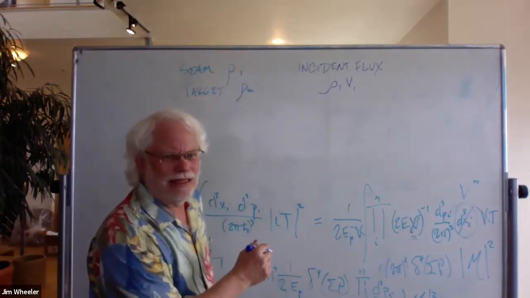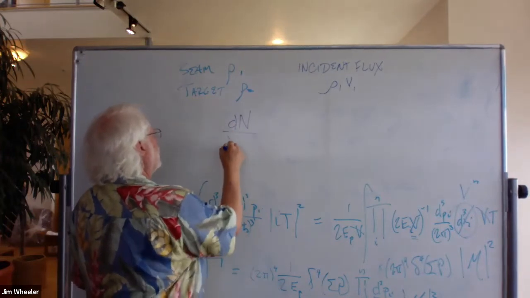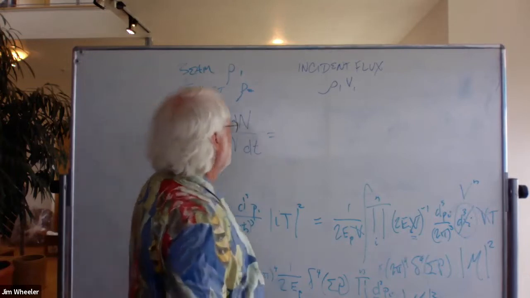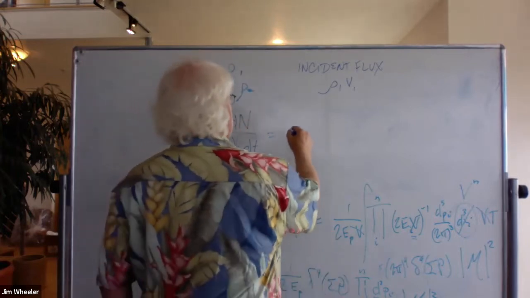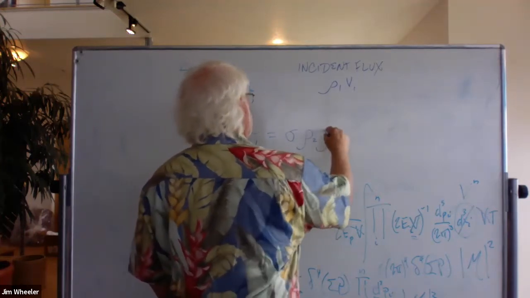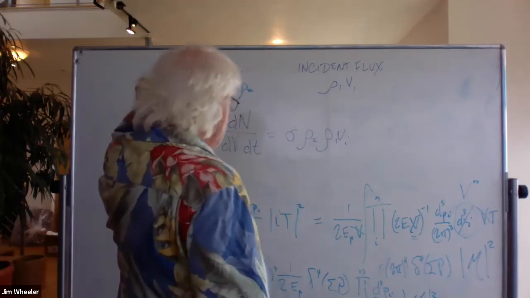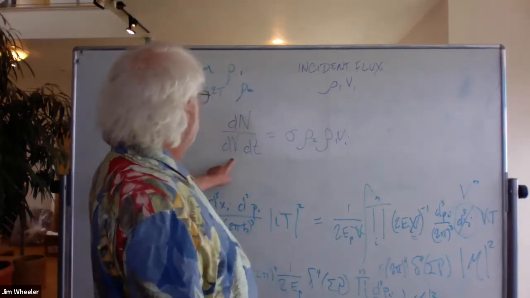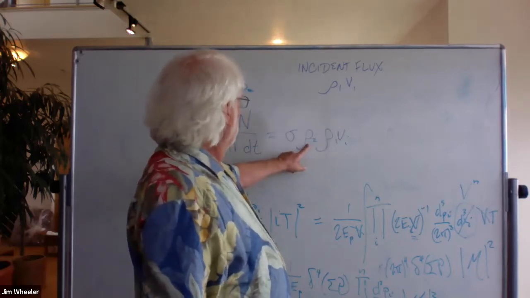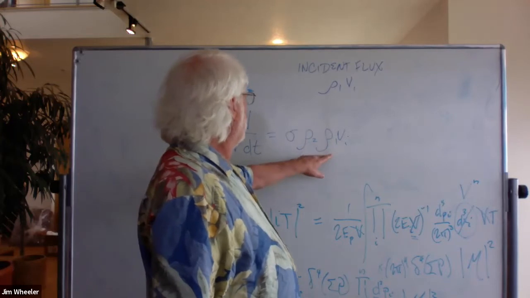So now the number of decays per unit volume per unit time is going to be proportional to the product of the target density times the incoming flux. And this is a number per unit volume per unit time. Okay, these are each number per unit volume, so we've got volume squared.